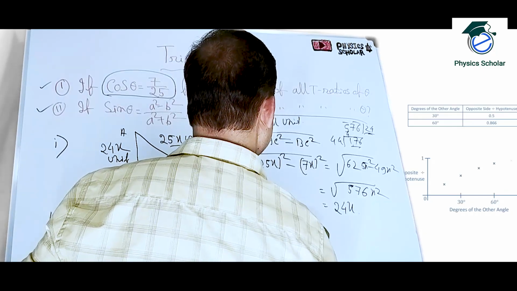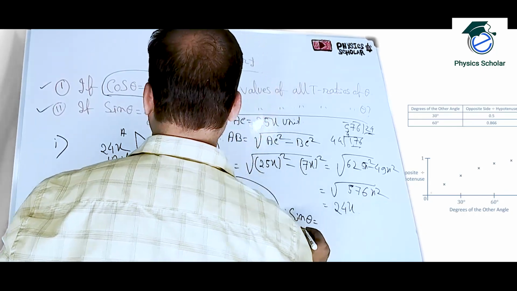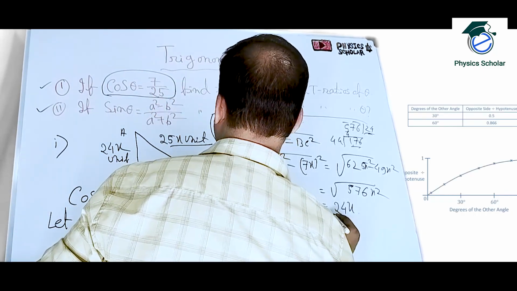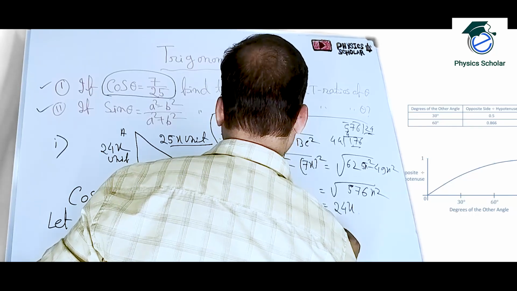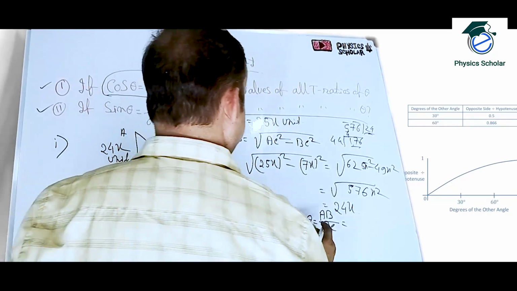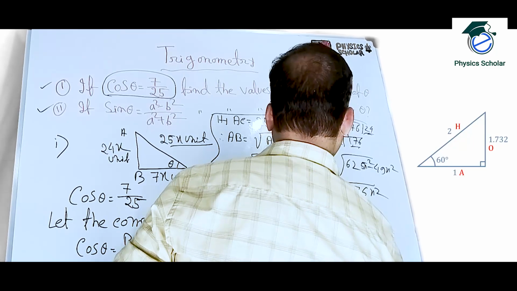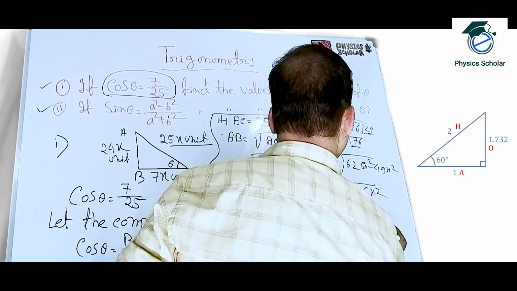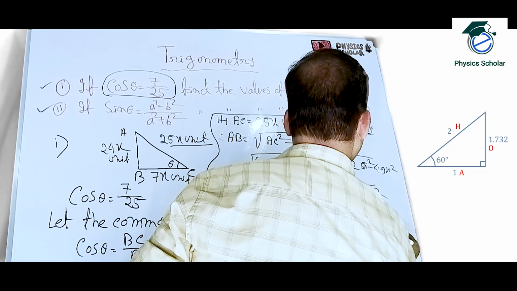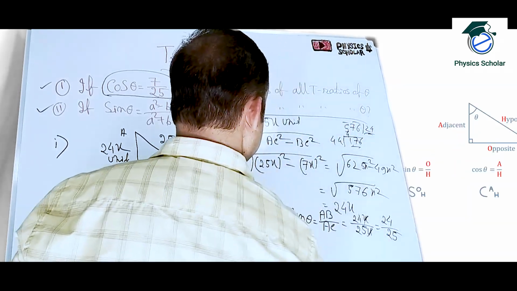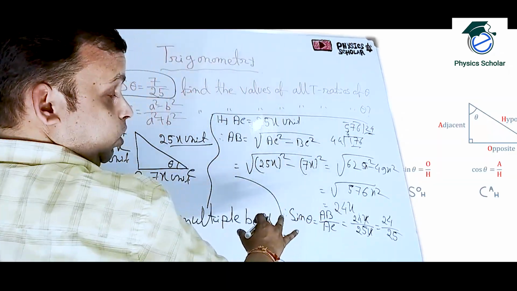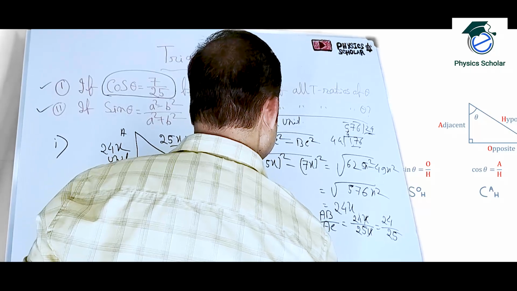So sine theta means what? Sine theta is equal to perpendicular, AB, by hypotenuse, AC. So what is perpendicular AB? 24x by 25x. So it will be 24 by 25. If we know sine, what is the opposite of sine? Reciprocal of sine is cosec.